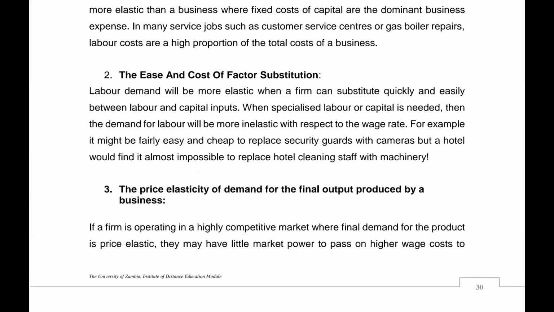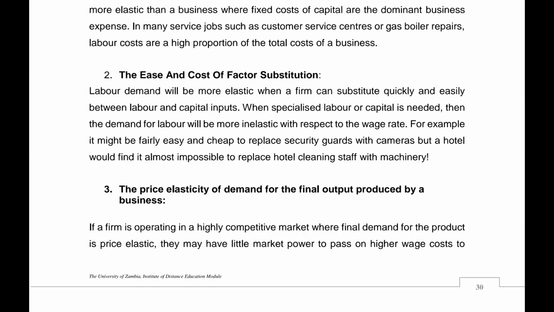The other factor affecting elasticity is the ease and the cost of factor substitution. How quickly can we substitute labor? And if we are to substitute this labor, how much does it cost? Labor will be more elastic when a firm can substitute quickly and easily between labor and capital inputs.